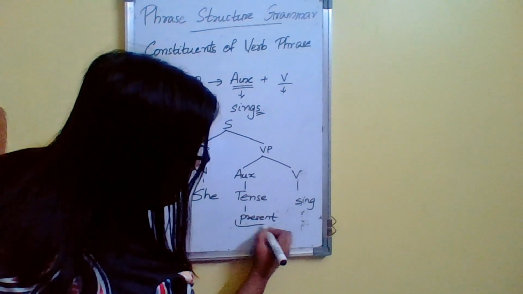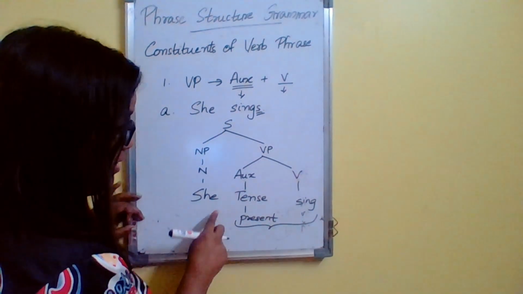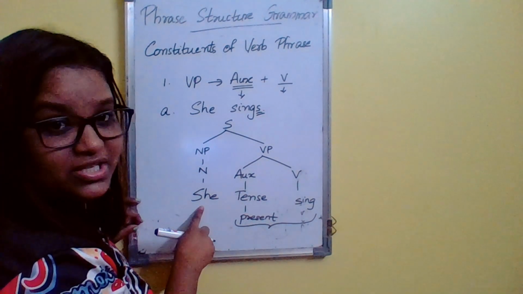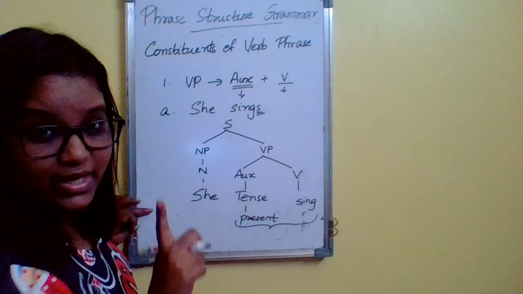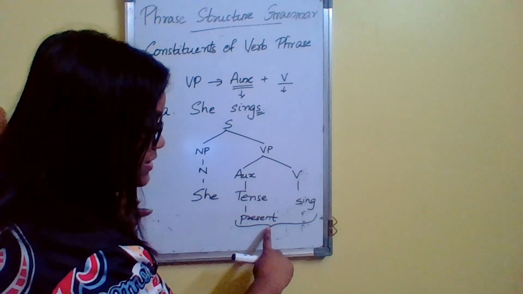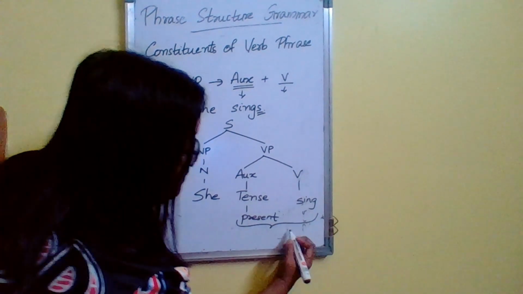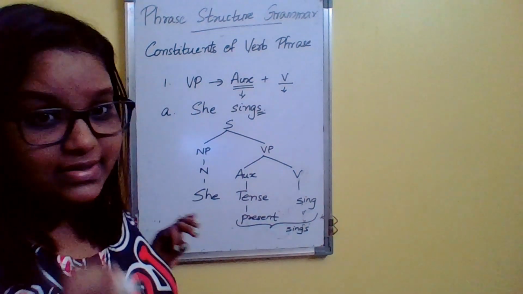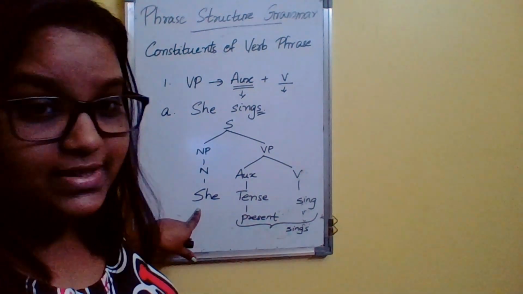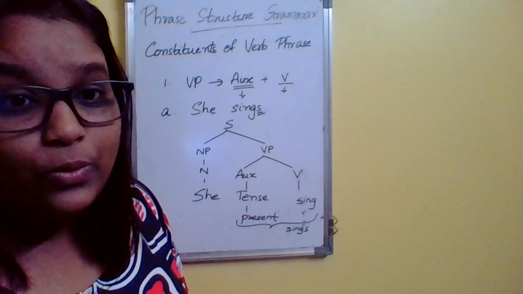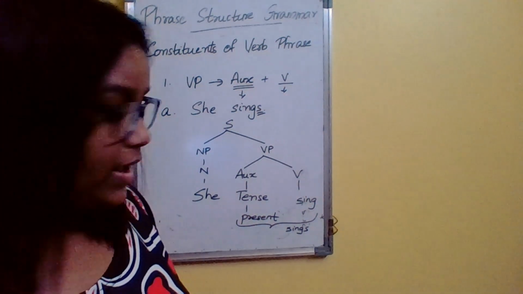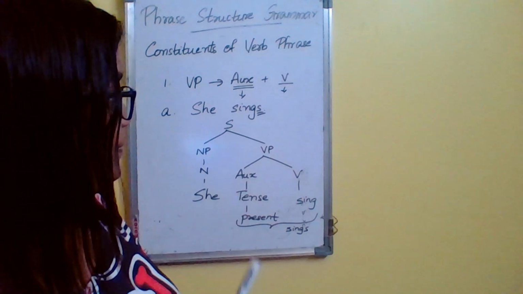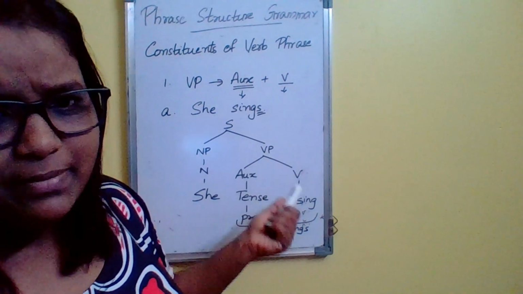Okay, so the present tense of sing, and the subject is she. She is singular and it is present. The verb is present. That means it is sings. So sings comes when the subject is actually singular, when the noun is singular.